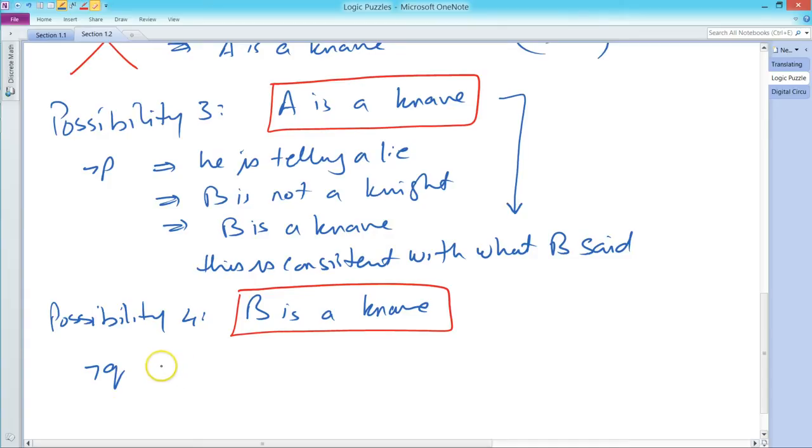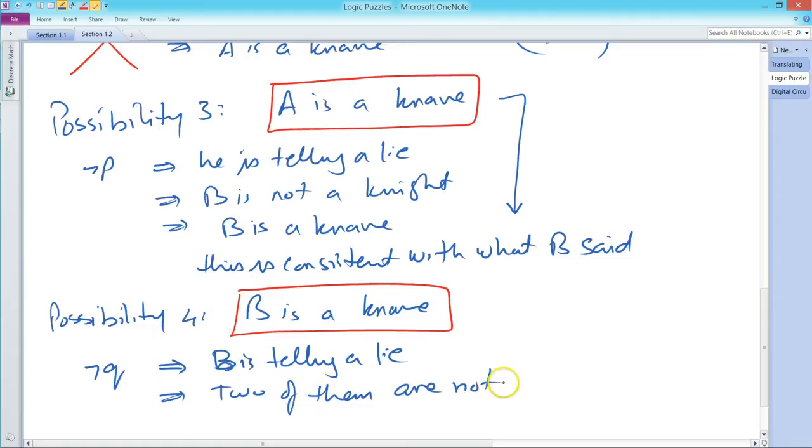So if B is a knave, this means B is telling a lie. If B is telling a lie, this means the statement that he said is wrong, so this means the two of them are not of the opposite type.